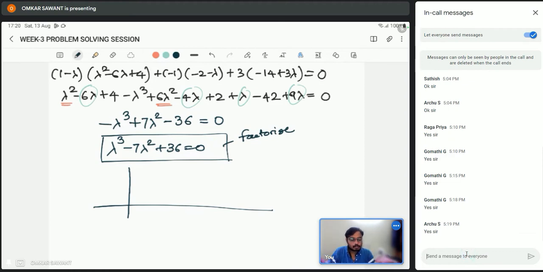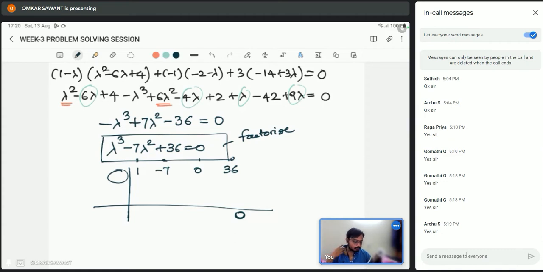Okay, so 1, minus 7, 0, 36, right? This is your third power, second power, first power, constant. So we have to take a factor such that it should be 0. So what value can we take?